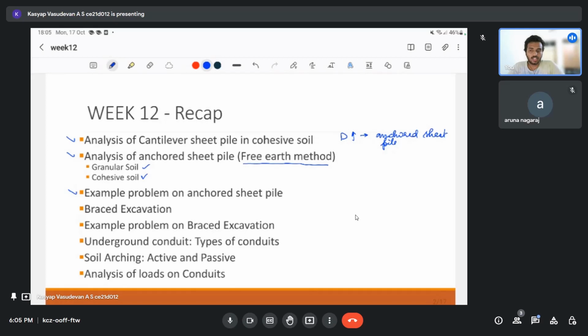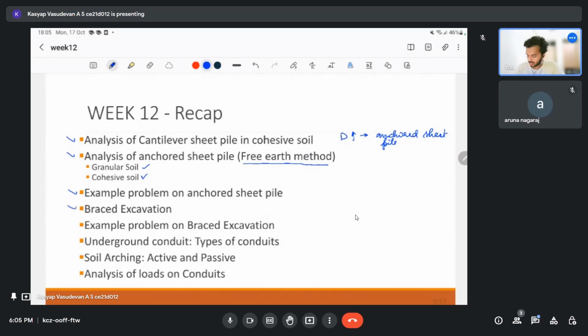Sometimes the sheet pile will not be enough, and it won't be fast enough. So braced excavation is an alternative for faster and better support of the backfill, especially when there is a very narrow excavation, and when we have two backfills opposite each other. This is useful for different constructions, like underground tunnels, stations, or excavation for footings. In all these cases, we need some support, so braced excavation is another option.